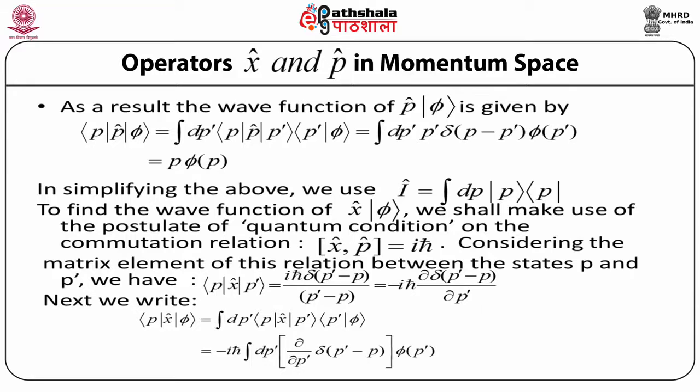Here we have used the identity that was defined earlier, which was p del by del p delta(p) is equal to minus delta(p).